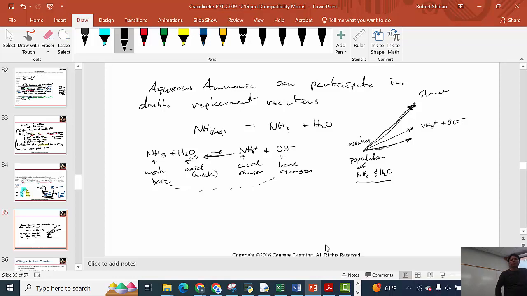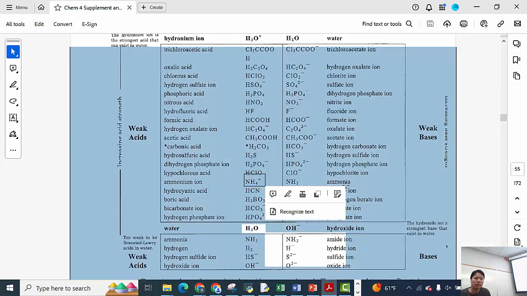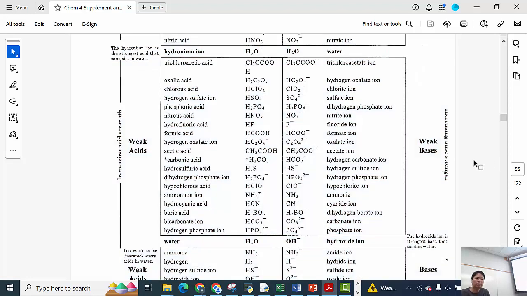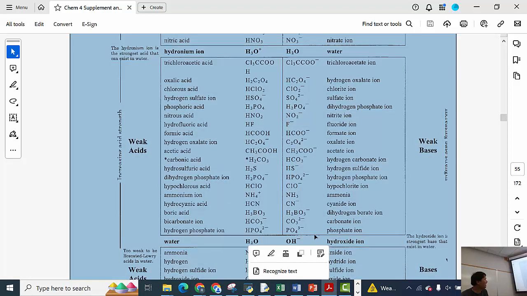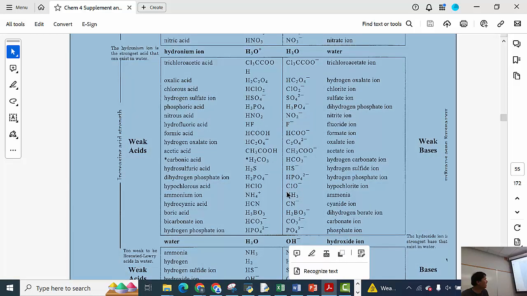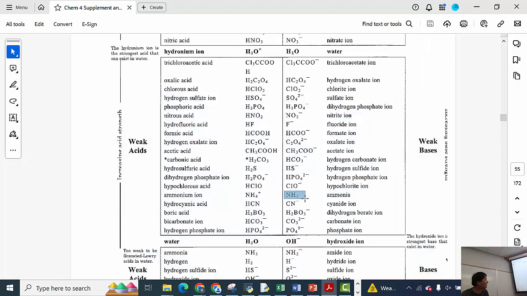So in the situation, let me give you an example here. Let's say we're going from ammonia here to hydroxide here. This is an inverted hill.